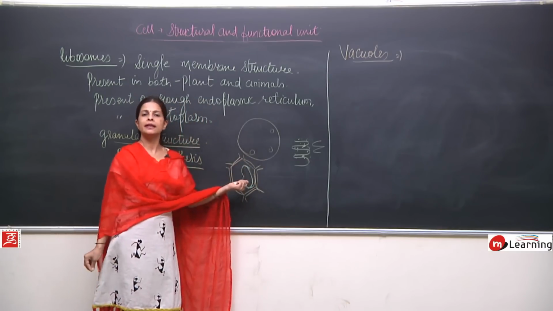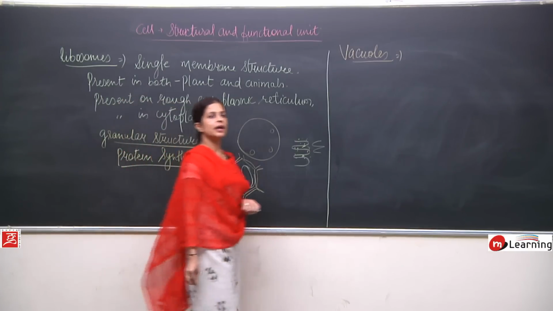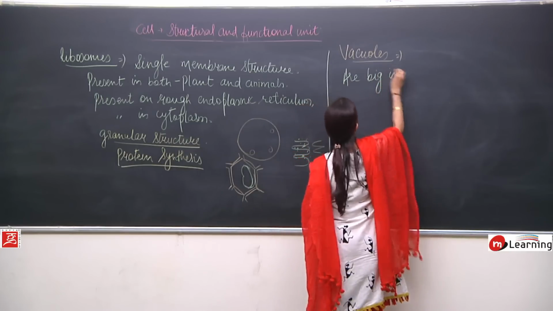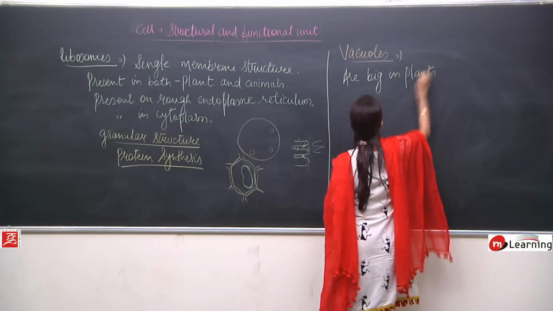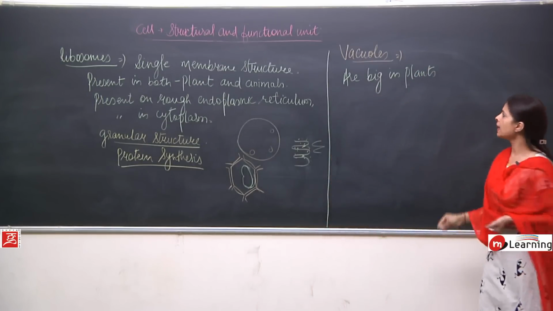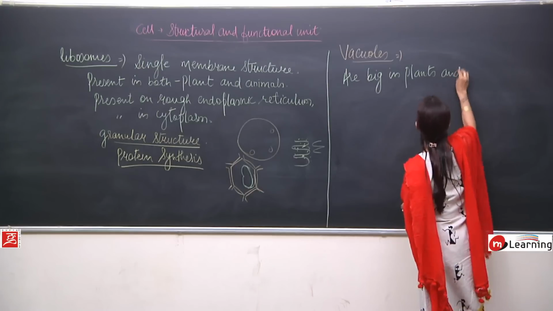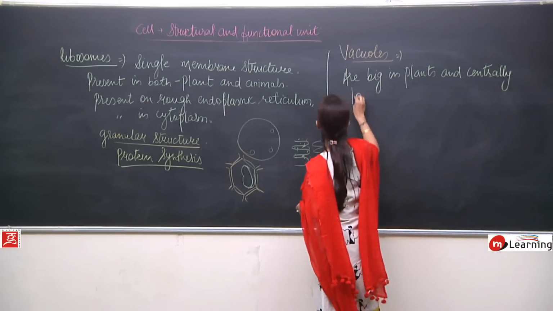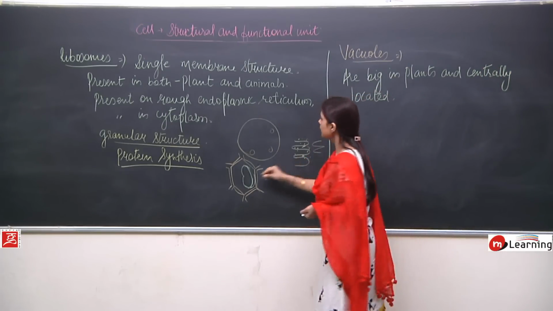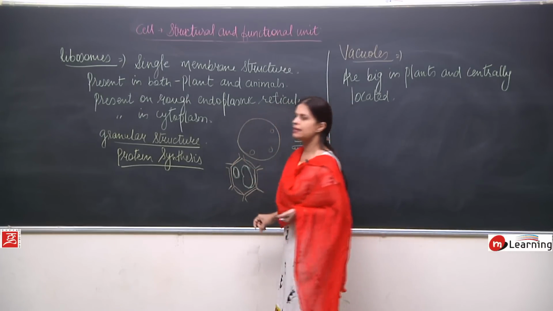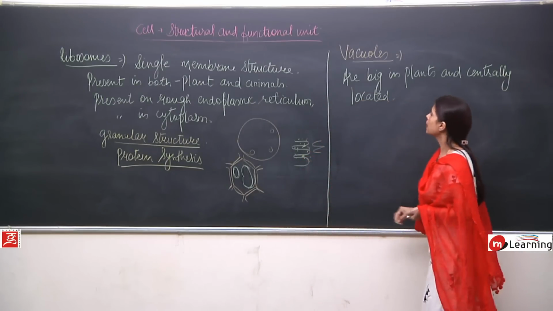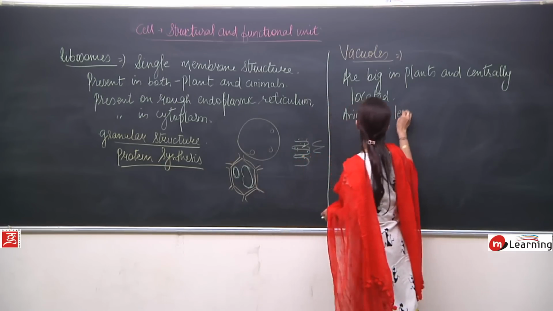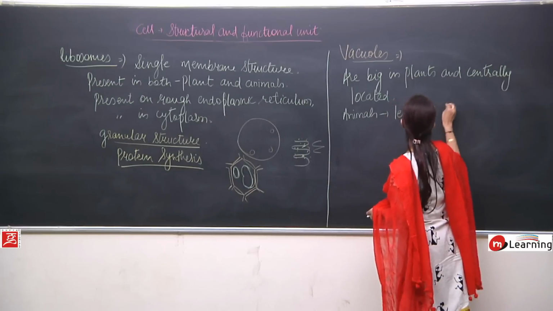Vacuoles are very big in plants and centrally located, and that is the reason why the nucleus in plants is shifted towards the side. But in animals the vacuoles are fewer and very small.